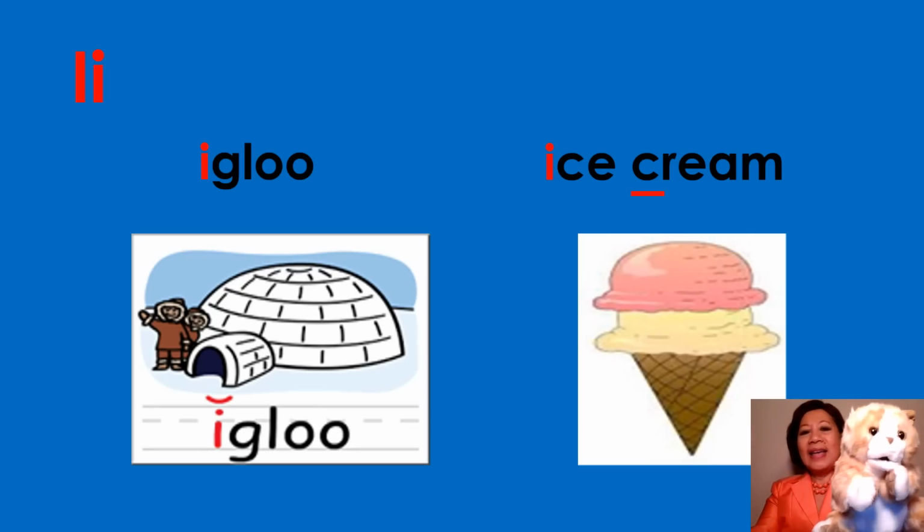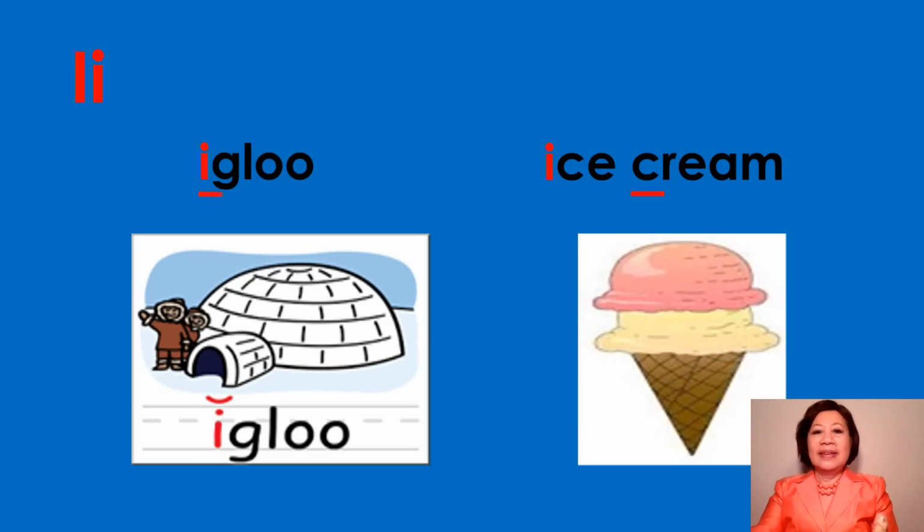I. I says I as in igloo. People from the North Pole call their snow house an igloo. I. I says I as in ice cream. I like to eat ice cream for dessert.